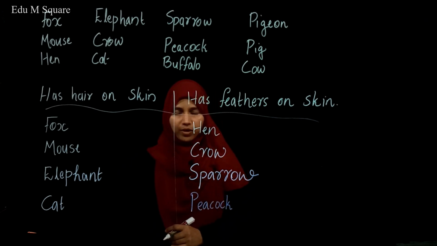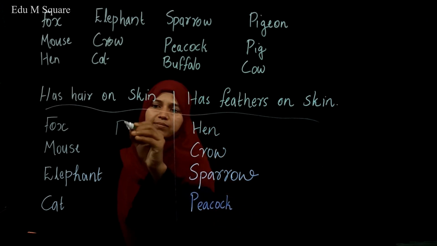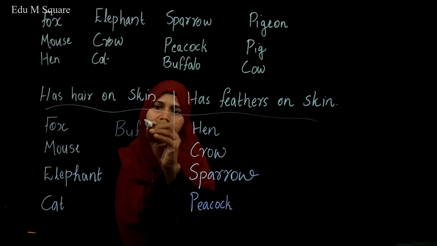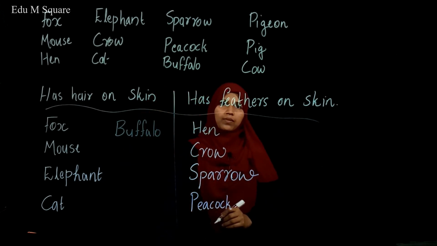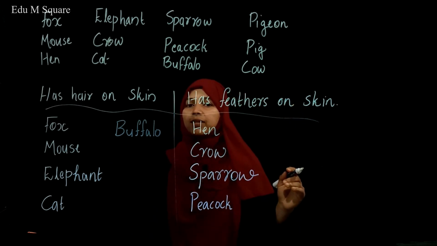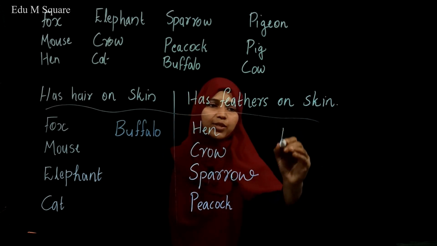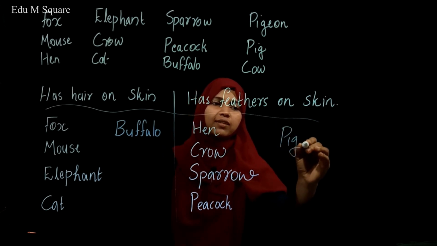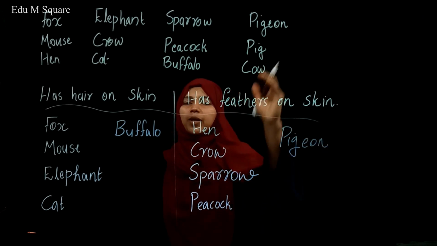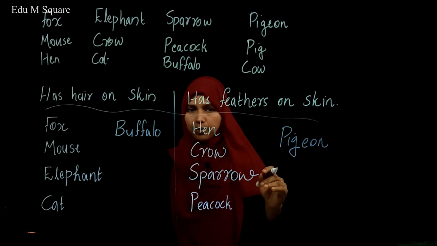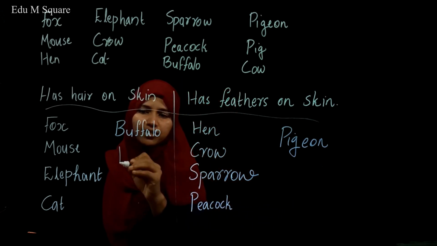Buffalo. Yes, it has hair. What about the pigeon? It has feathers. So the pigeon comes under this group. What about the pig? The pig has hair on its skin, doesn't it?